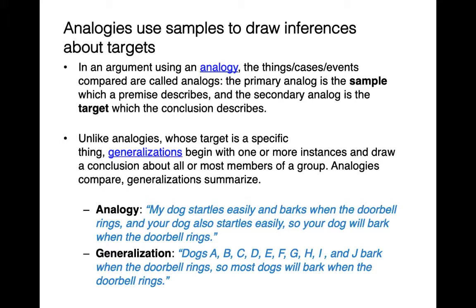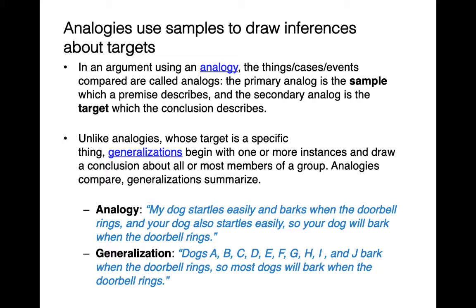Here are a couple of examples. Here's an analogy. My dog startles easily and barks when the doorbell rings. And your dog also startles easily. So your dog will bark when the doorbell rings. Generalization. Dogs A, B, C, D, E, F, G, H, I, and J bark when the doorbell rings. So most dogs will bark when the doorbell rings.